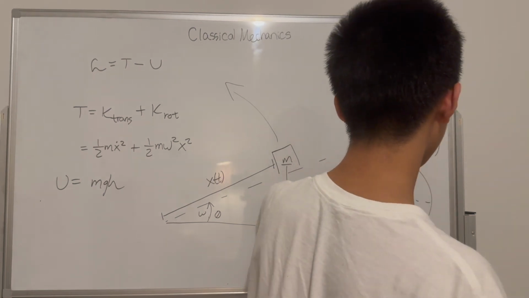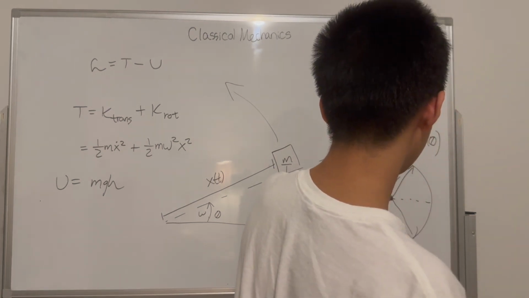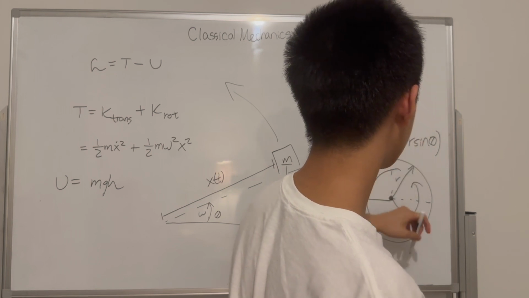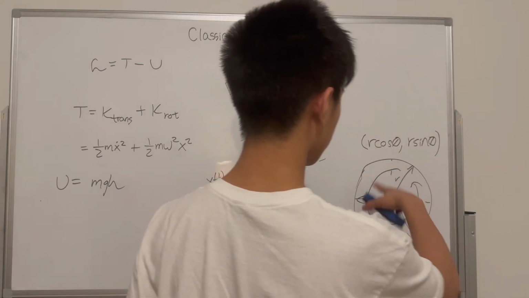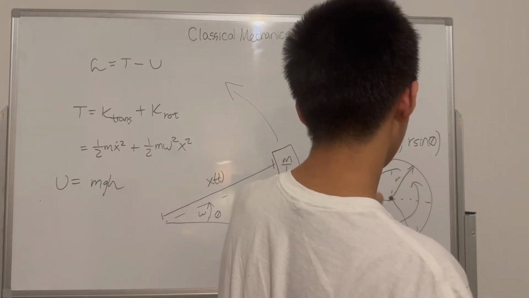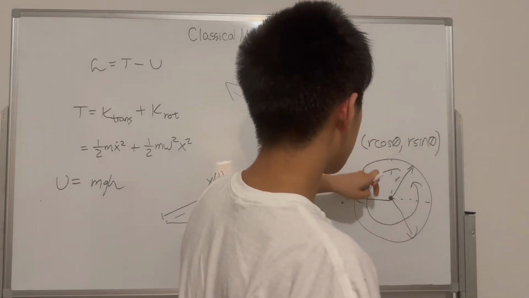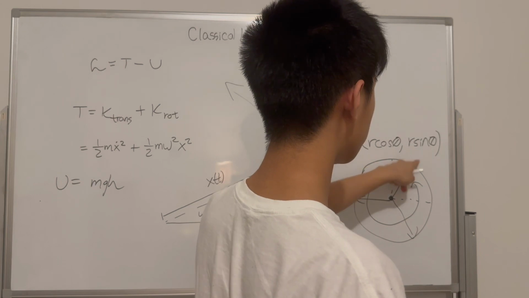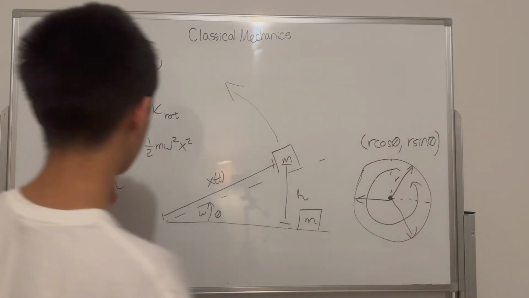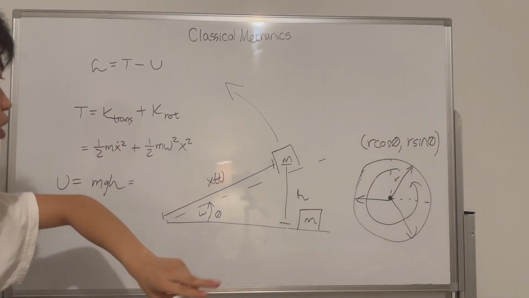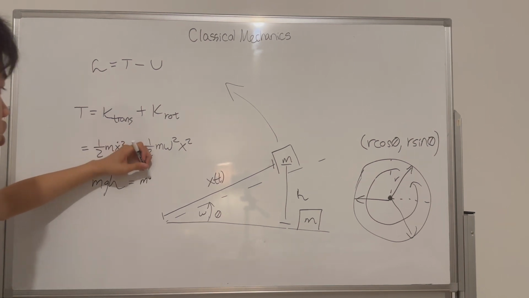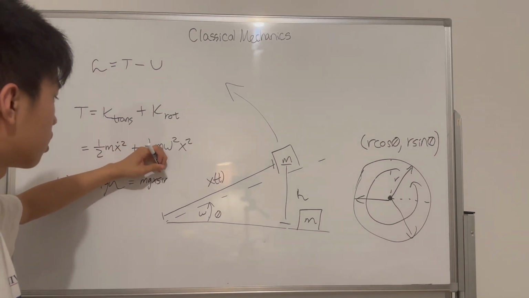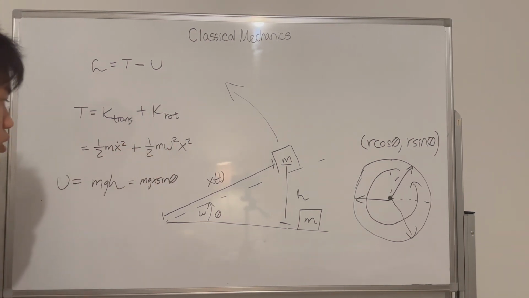So we know that spinning a unit vector around a circle, if it stays at the same rate, then its height or its y value can be modeled with sine theta. So we know our r is x, so we get mgx sine theta. But what is sine theta?